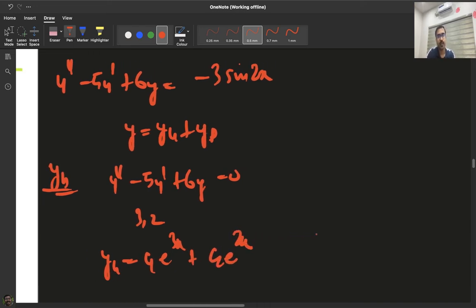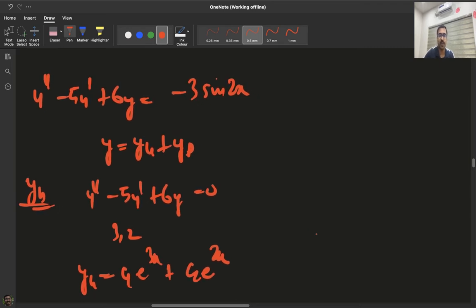Okay, and similarly to find the particular solution, your RHS is minus 3 sin 2x, so I'll assume the solution is of the form A sin 2x plus B cos 2x.